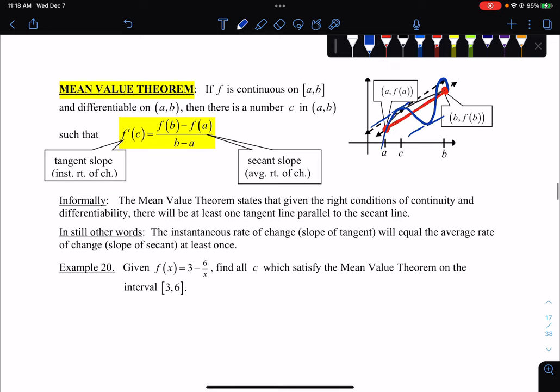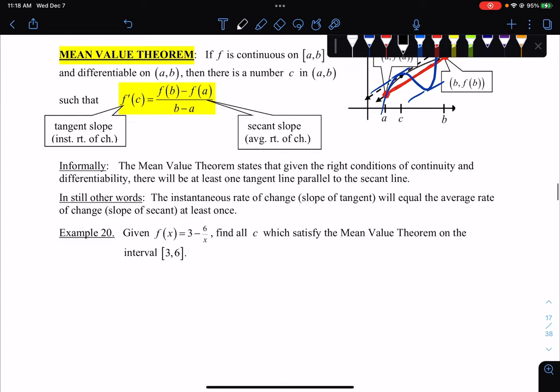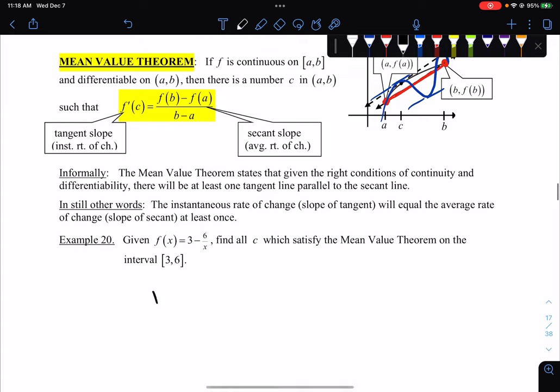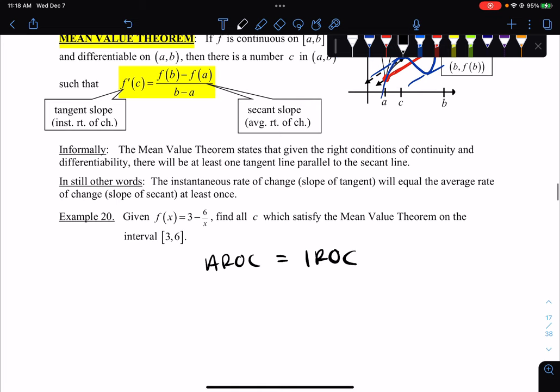So basically, the mean value theorem says the average rate of change is going to be equal to the instantaneous rate of change somewhere. So y2 minus y1 over x2 minus x1, where those are the endpoints, is going to equal f prime of some value.